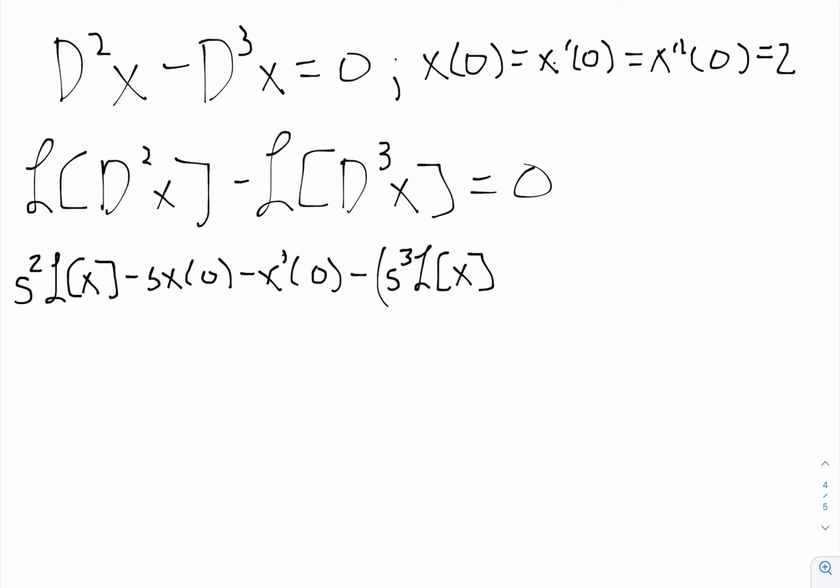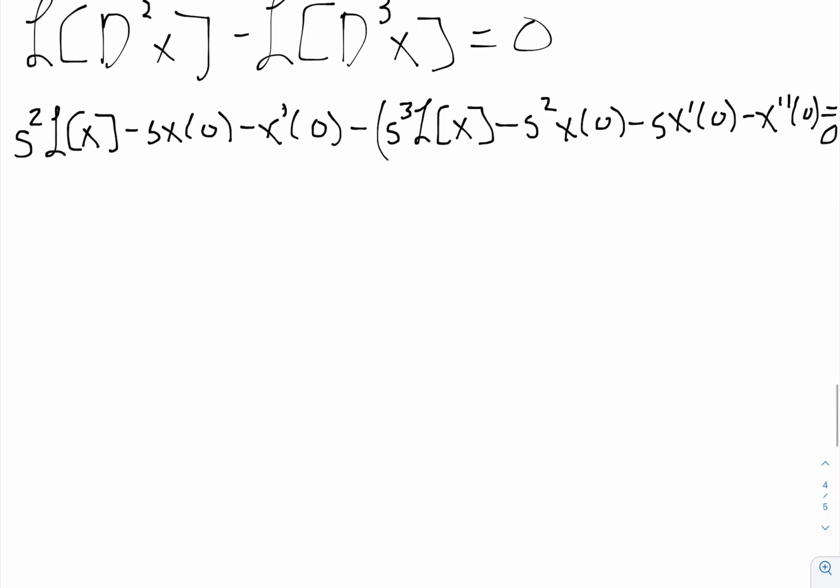Of x minus s squared x of 0. That's an initial condition coming there. s x prime of 0 minus x double prime at 0. We're going to fit in that equals 0 there.